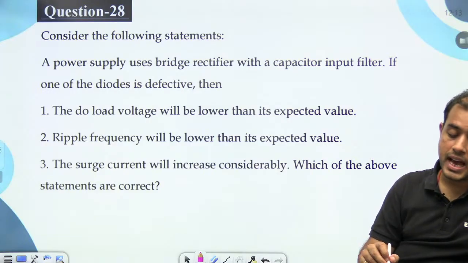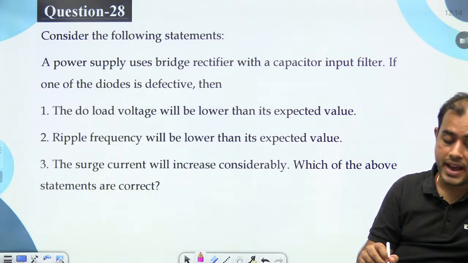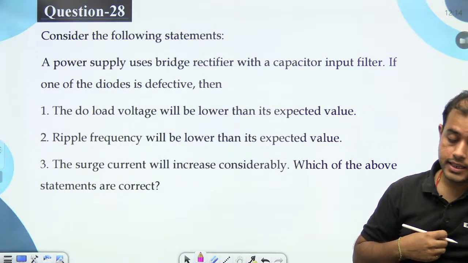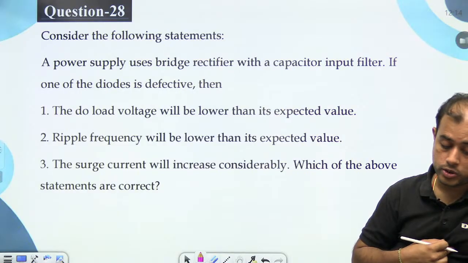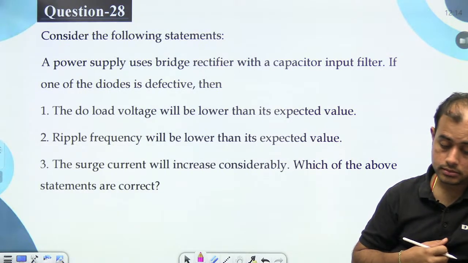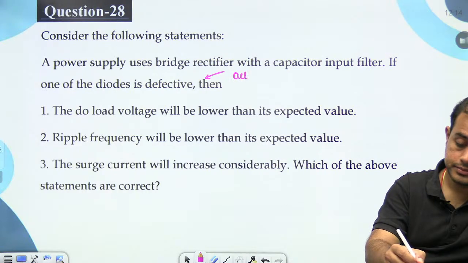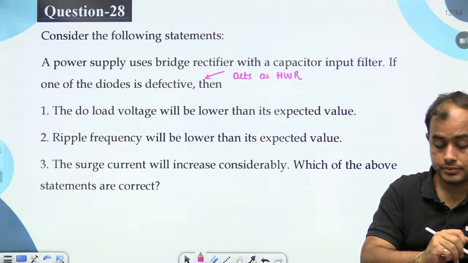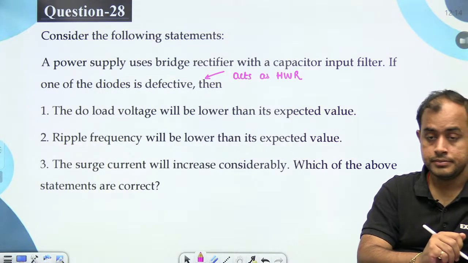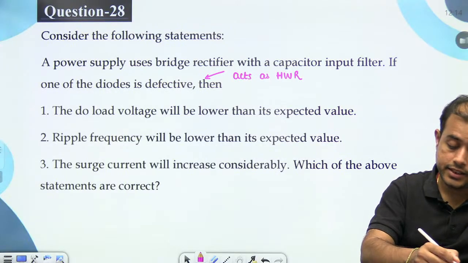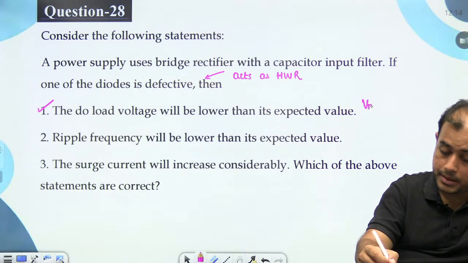A power supply uses bridge rectifier with a capacitor input filter. If one of the diodes is defective, in bridge rectifier, if one of the diodes is defective, it acts as half wave rectifier. Okay. So DC voltage will be less. It will become Vm by pi.